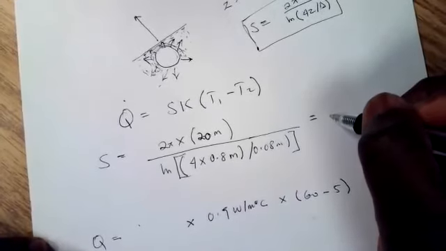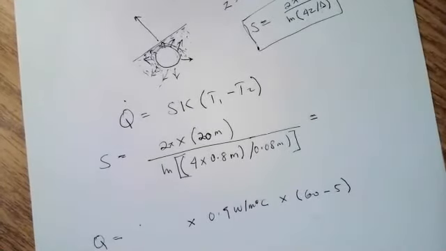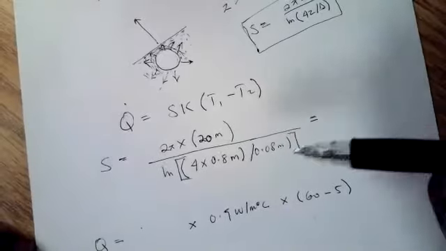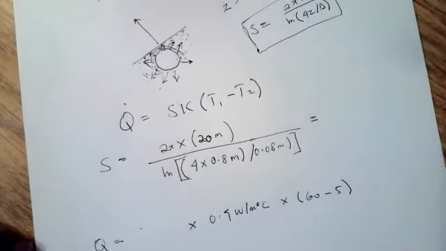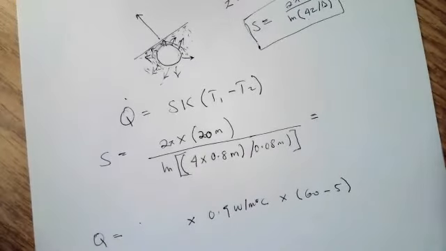Were you able to compute this? Sorry, I was writing stuff down. I'm computing it right now. So that's 4 times 0.8. Okay, for S, I got 34.06.